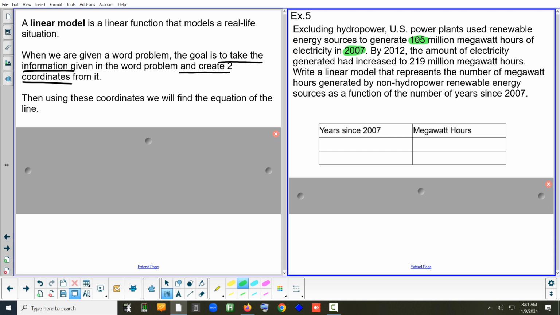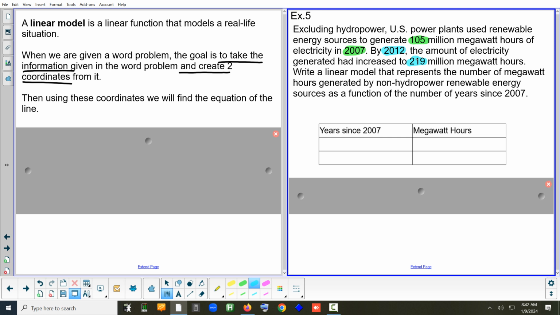And it says in 2012, we created that much electricity. So the 105 goes with the 2007, and the 219 goes with the 2012. Is there any question on that part? It's just how much electricity was made by renewable energy in those years.